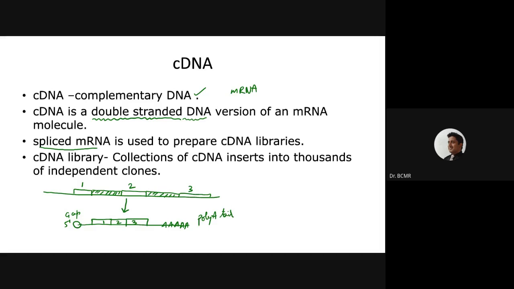And alternate splicing is one more thing that I would want you to find out. These are some things that are important that you have to remember. Alternate splicing also.